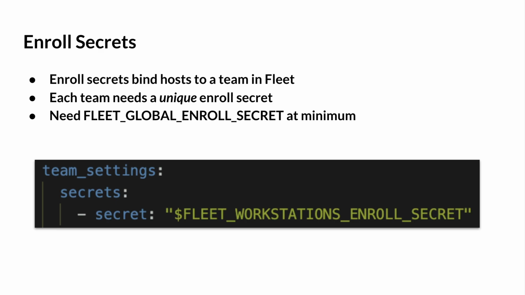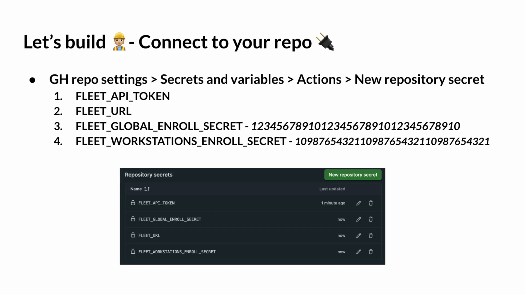If you have 10 teams, you're going to have all those enrollment secrets. At the baseline, there's one that we need in every configuration, and that's the Fleet global enroll secret. That's your catch-all. If you add a device to Fleet without a team, it's going to end up using that enroll secret. So we need to make sure we add that to our repo, which you'll see in just a sec.